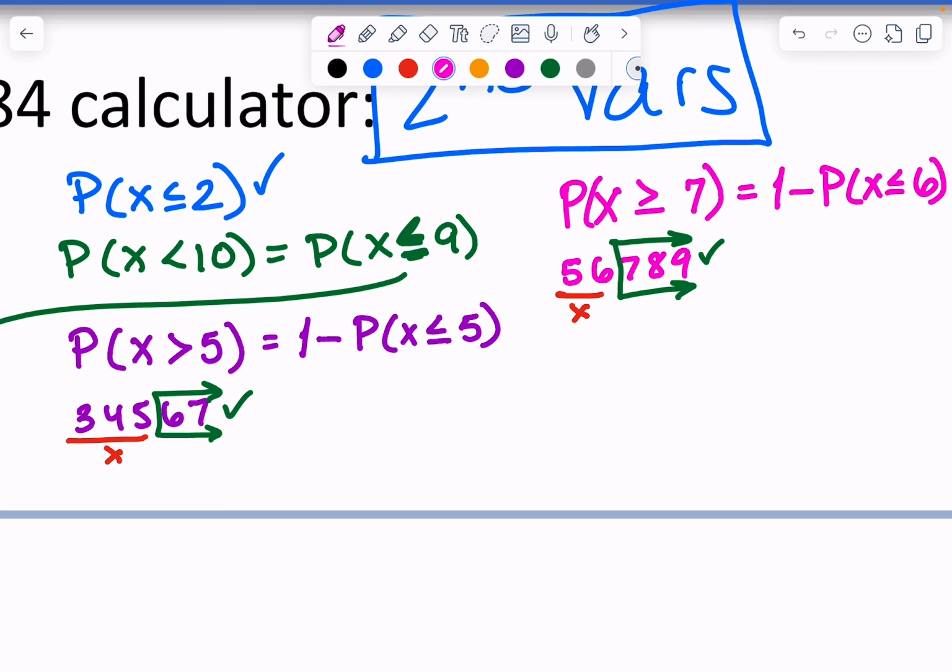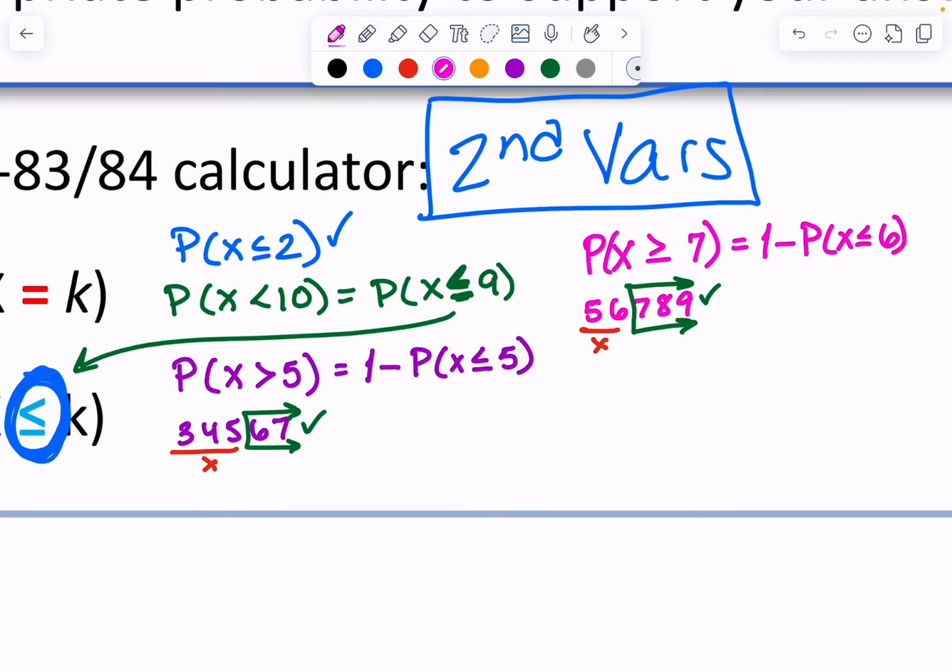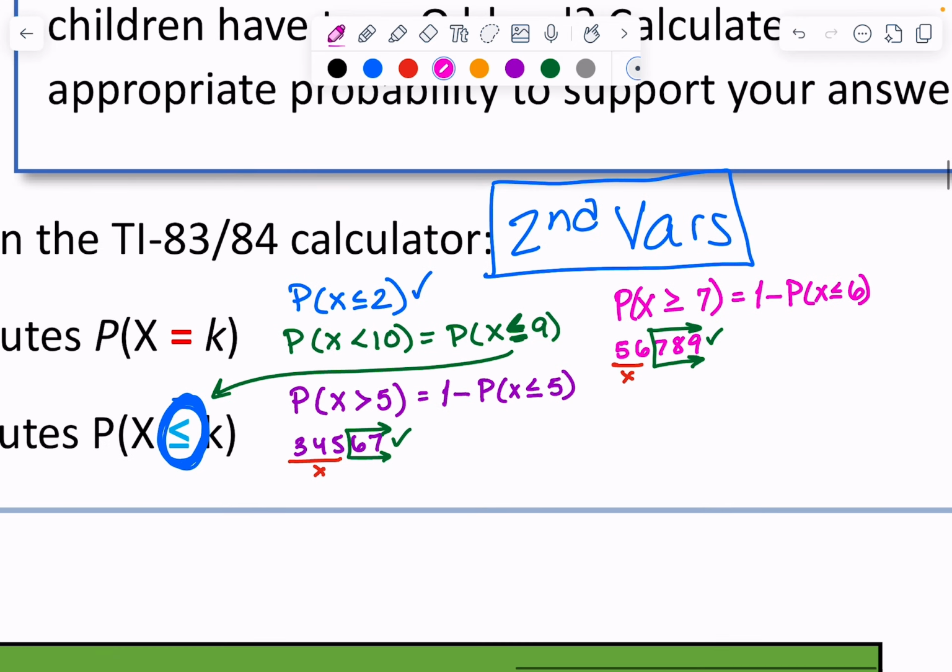I'm definitely going to have to talk about this when I see you guys in person, because this is one of the harder things that doesn't stick in people's heads. Okay, but just be aware, for your calculator, it has to be less than or equal to. So if we need to manipulate it, like to turn this greater than into a less than or equal to, we have to, because your calculator can only do less than or equal to.